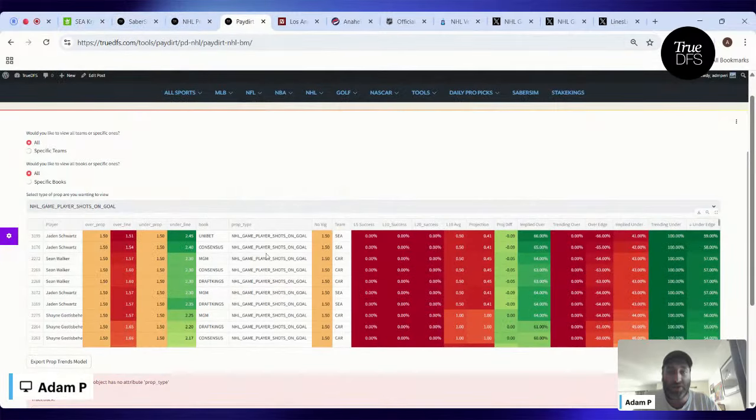That still has value. It's not going to be this big of an edge, of course, but a big edge nonetheless. Here you get it at MGM, DraftKings. See, it's moving too, which is a good sign. Still value at MGM. So I would look at that.